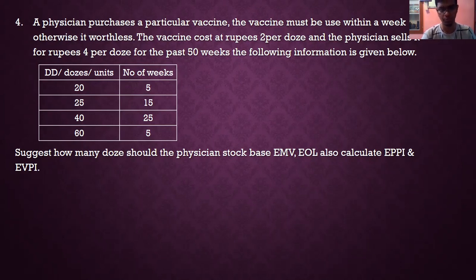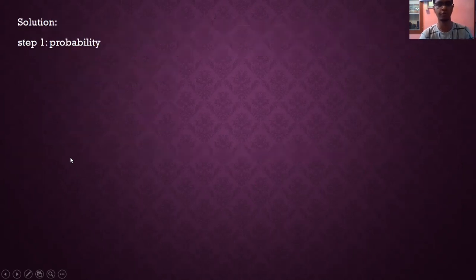So the profit is 2 and the loss is 2. Then they have this table, number of doses and number of weeks, and we have to find EMV, EOL, EPPI and EVPI.